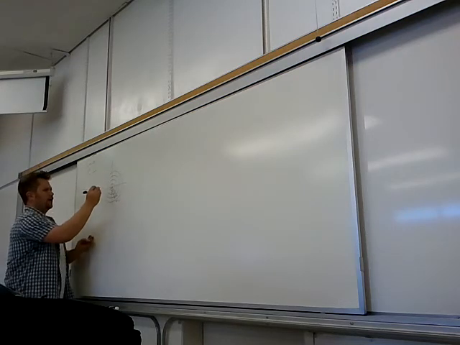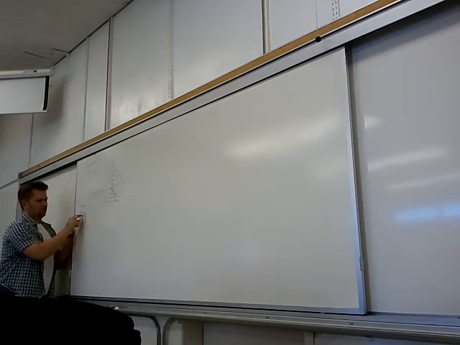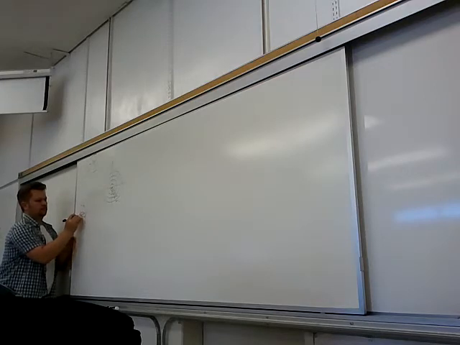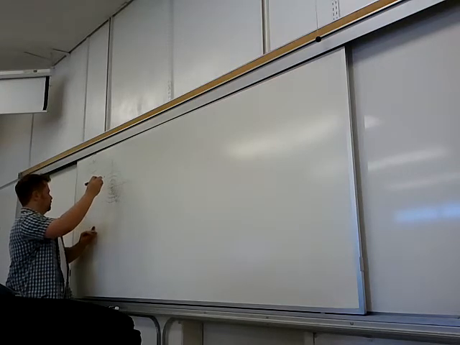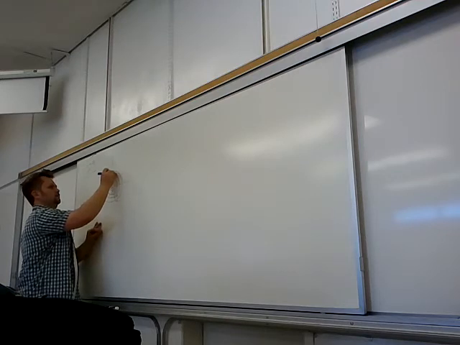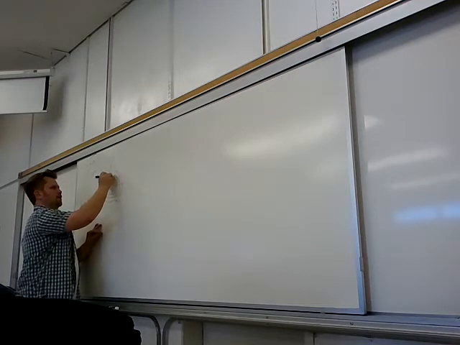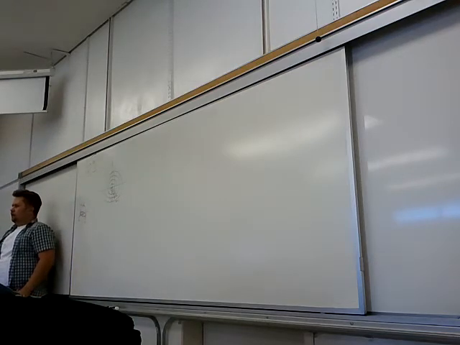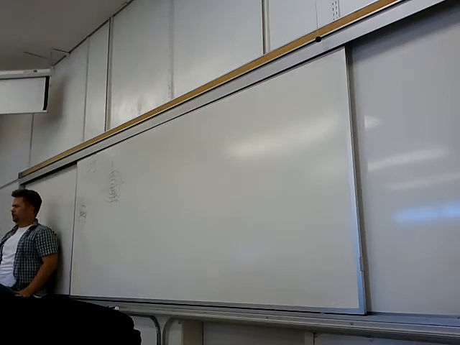So let me do something a little different. Let's say I take a path that looks like an ellipse here. It would be something like this. How are we doing so far?